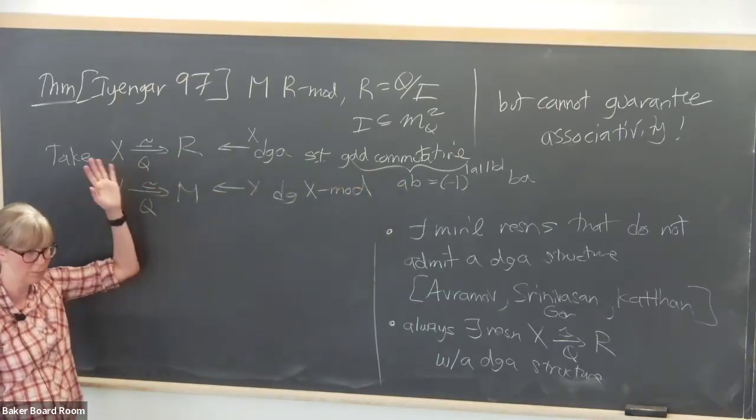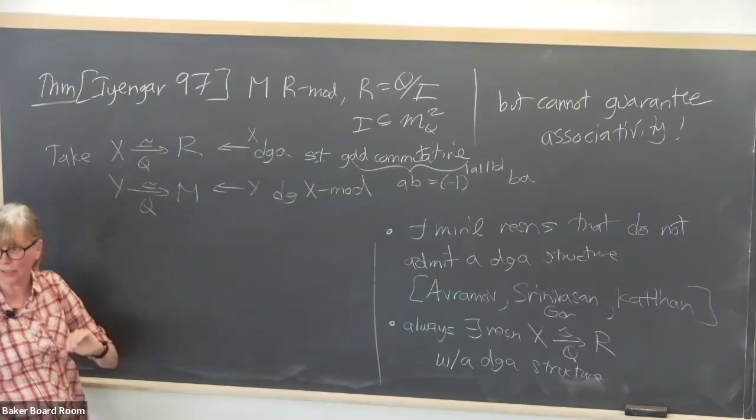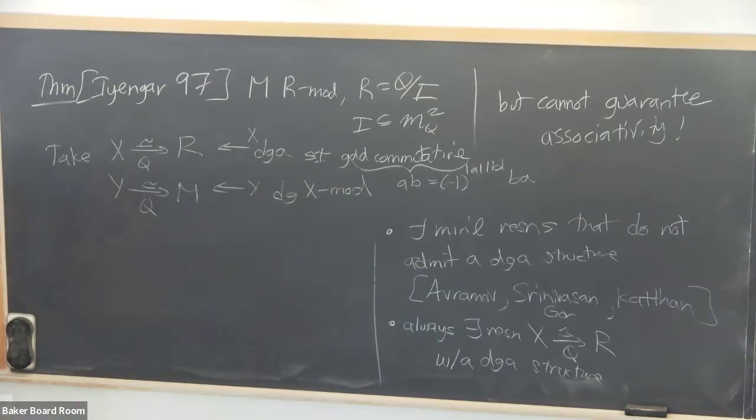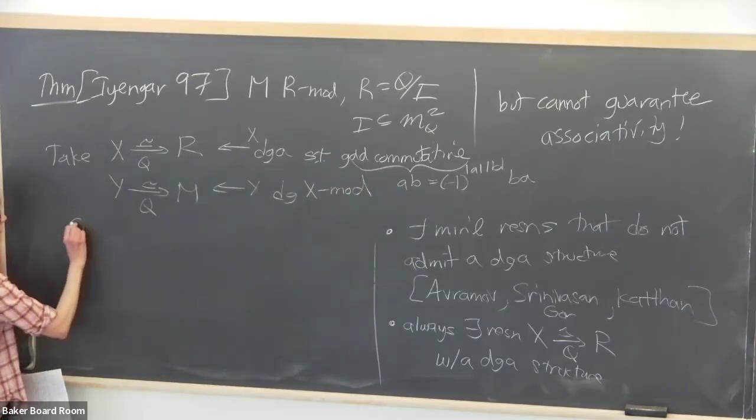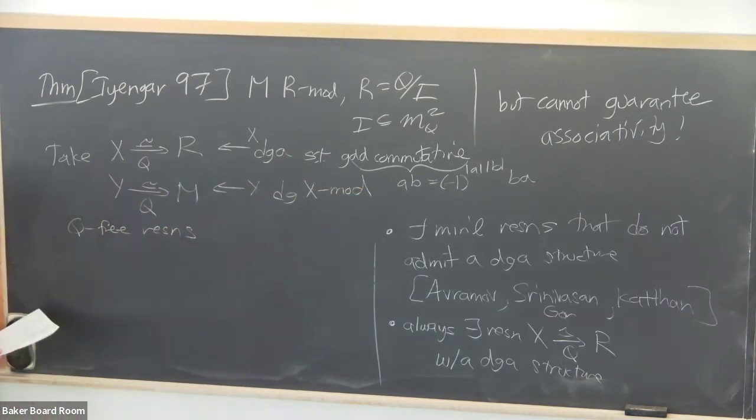Okay, so we need that too, but that's also easy to achieve. One way to do it is you add polynomial and exterior variables until you kill homology enough and you have a resolution. So one can get these two resolutions, and they're all supposed to be Q-free. Okay, so you take those, and then we're going to make a bar complex out of it.